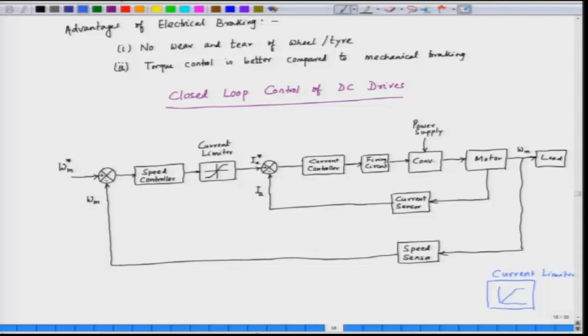Let us see how the control is accomplished. Now, we have a reference speed here, and the reference speed is compared with the actual speed. Let us say that the actual speed is less than the reference speed.